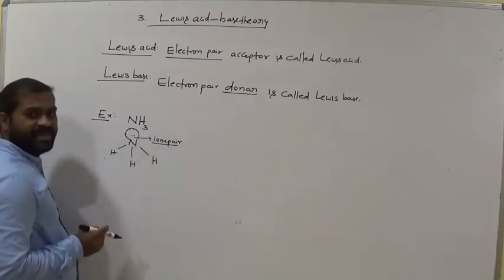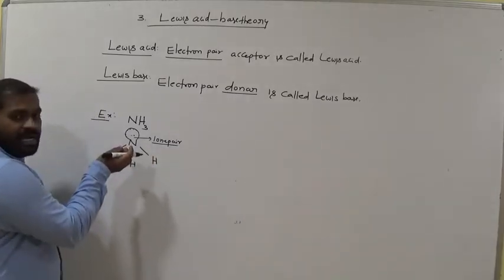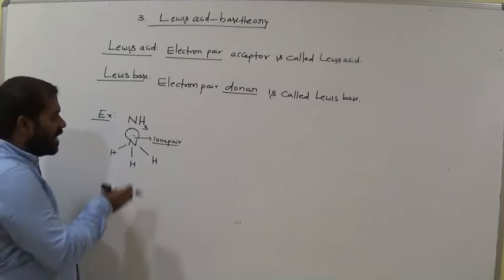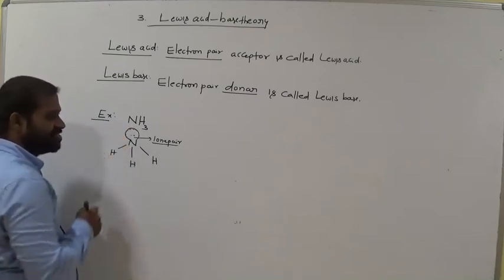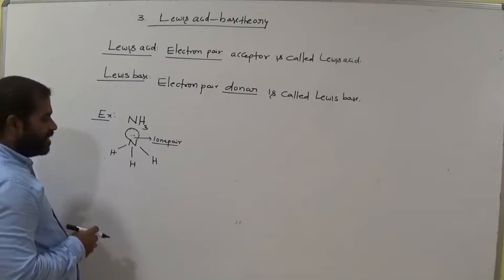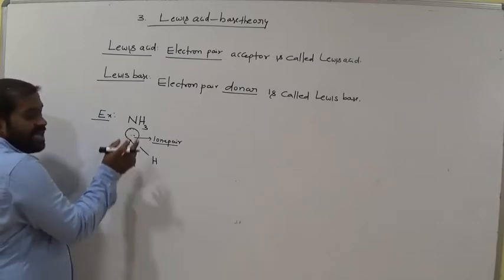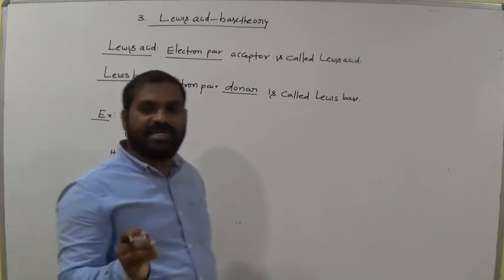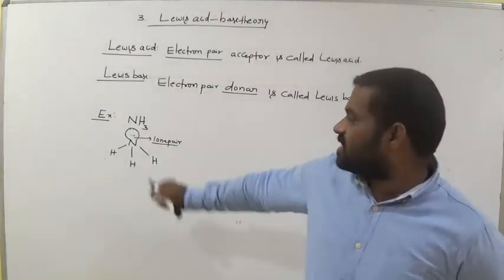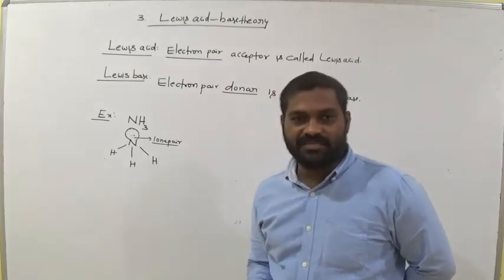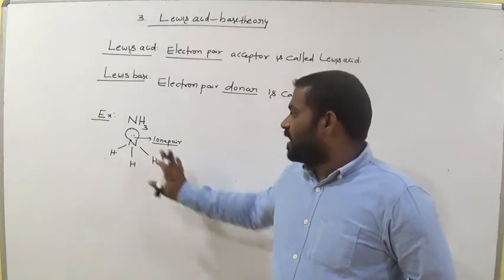That means it is an electron rich compound, more electrons are available, 2 electrons are available. That lone pair does not participate in a chemical bond, it just exists on the nitrogen atom.